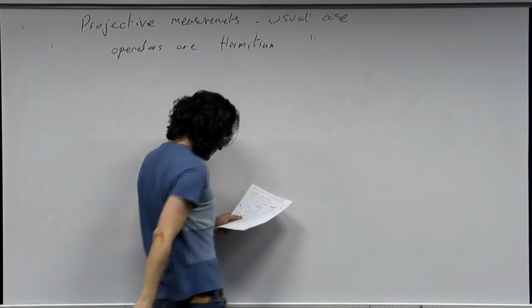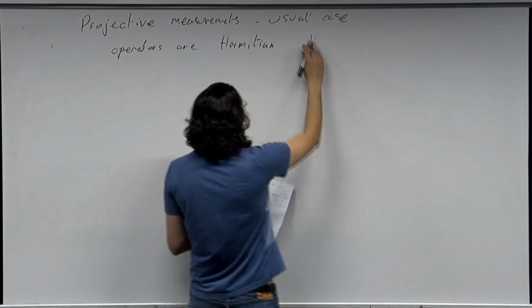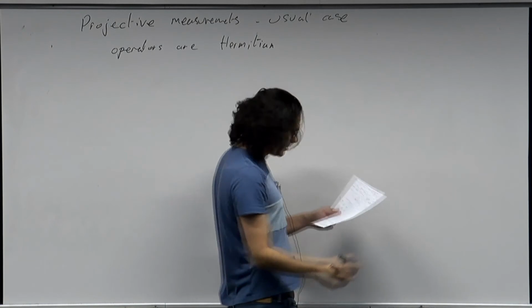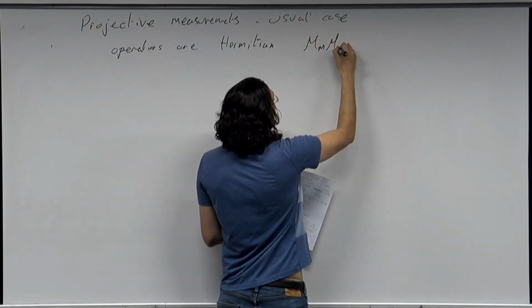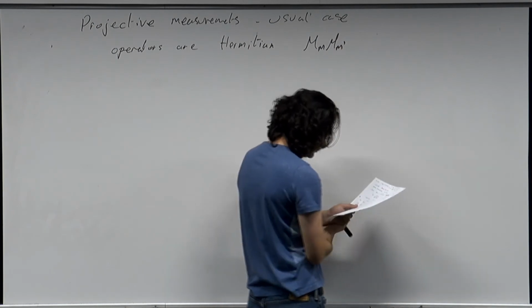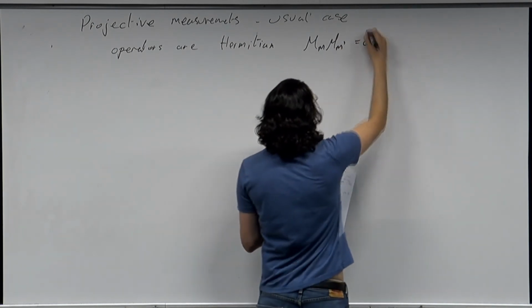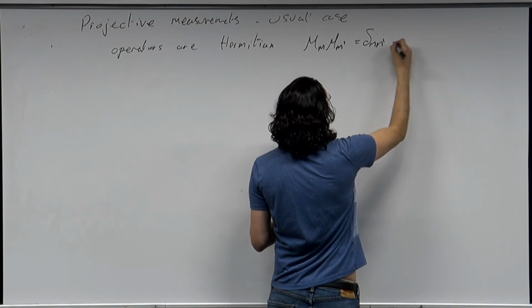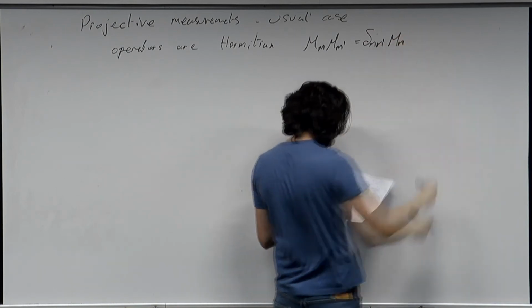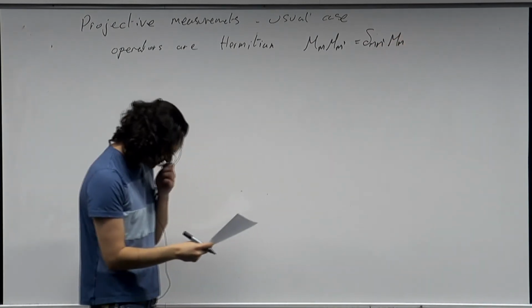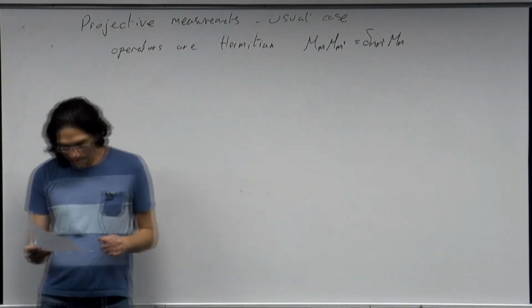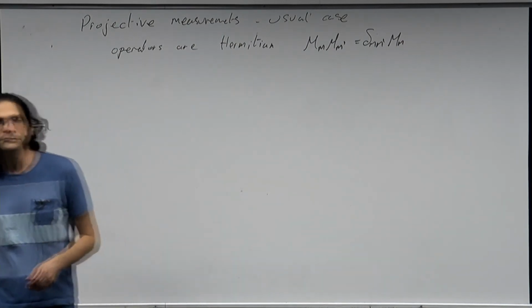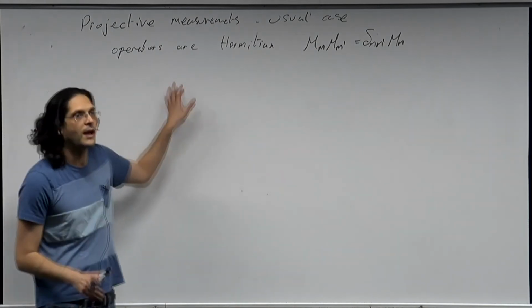Or in other words, they're orthogonal, which means that M_m' M_m equals delta_{m'm} M_m. Okay, but that is not necessary. That is not necessary to happen.